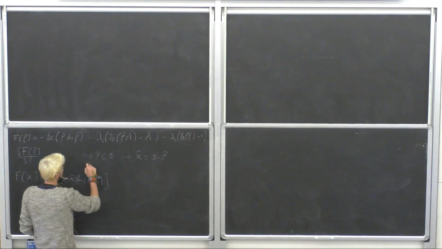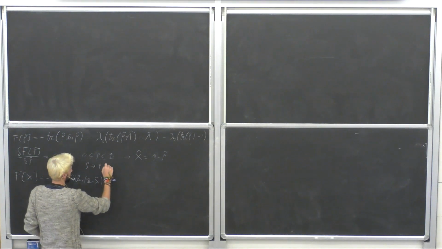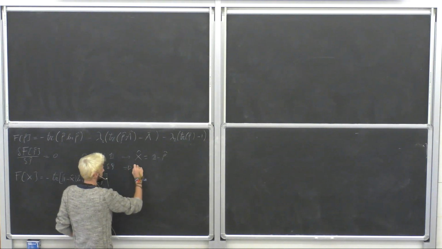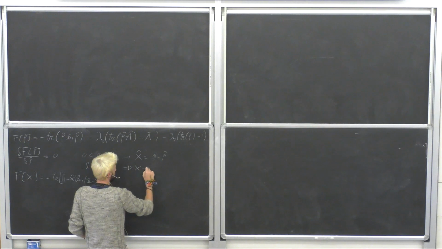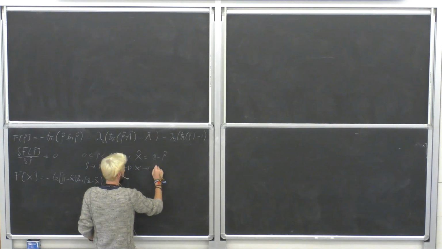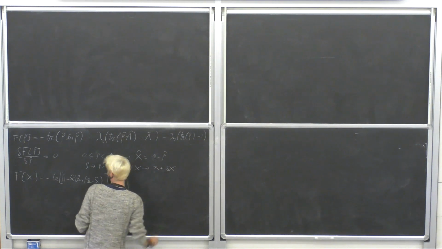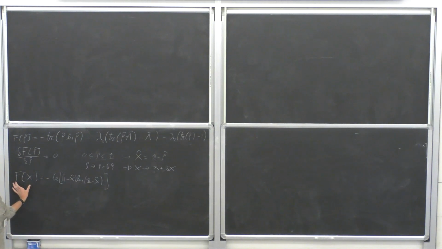Basically, we have rho goes into rho plus delta rho. And this implies that x goes into x plus delta x. So let's compute the variation of this f of x.